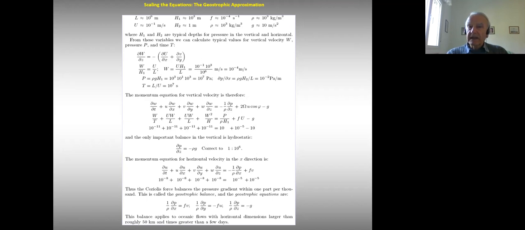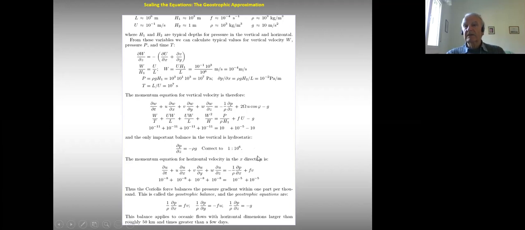Therefore, in the vertical, we have this equation. It is practically reduced from all these terms here, which we eliminate, and it is correct to 10 to the minus 6. So the approximation for the hydrostatic equation is 10 to the minus 6.